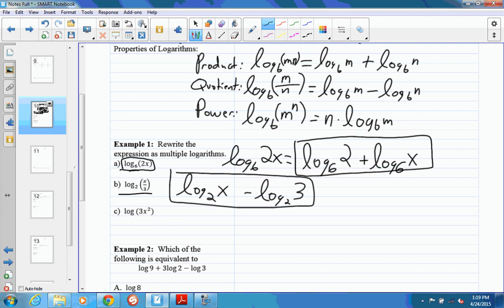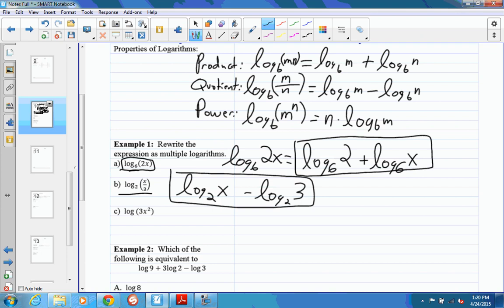This next one, log base 10. I know it's base 10 because it's a common log. Log base 10 of 3x squared. So I've got 2 different properties here that I can deal with.